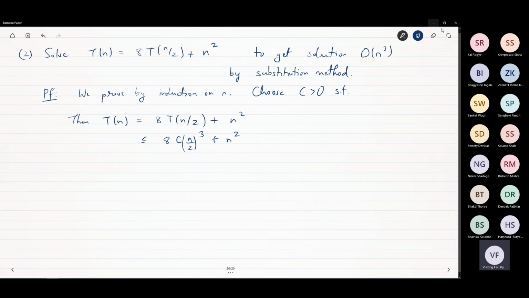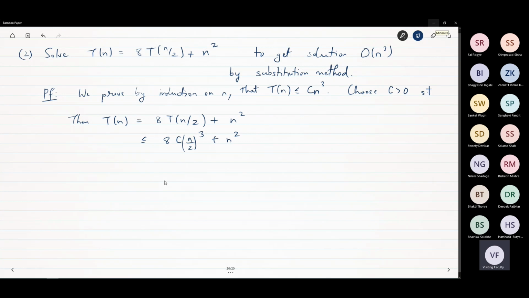So let me write that down here. Prove by induction that T of n is less than or equal to C n cube. So now we choose C greater than 0 such that something has to happen. We will see what that is.